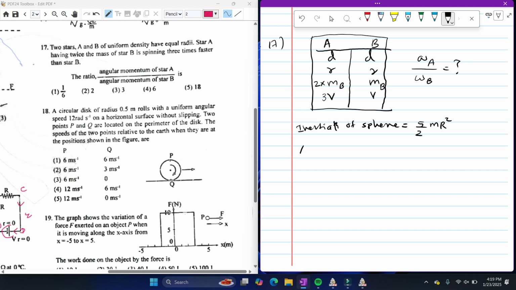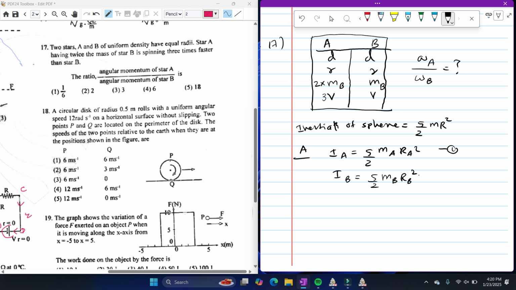So let's consider for star A, the inertia IA is 2 over 5 ma ra squared. For the inertia of B, 2 over 5 mb rb squared.